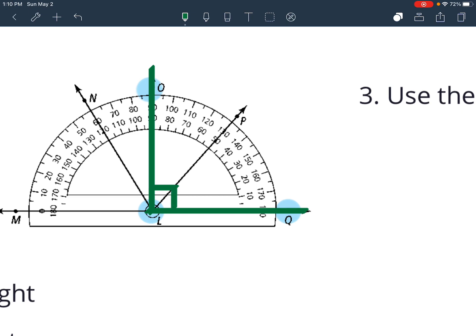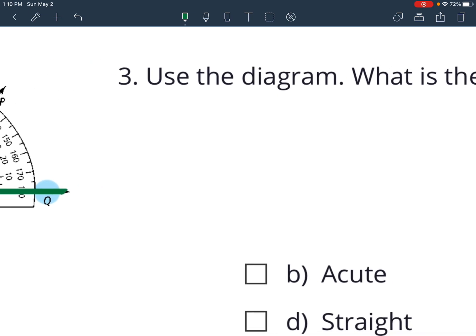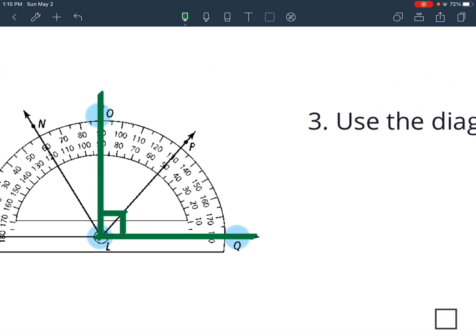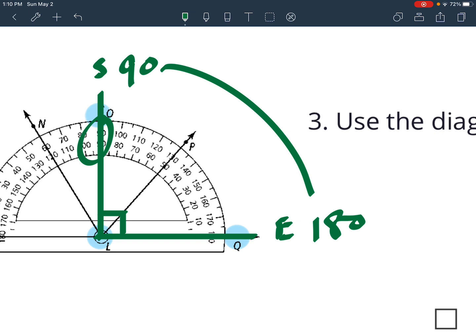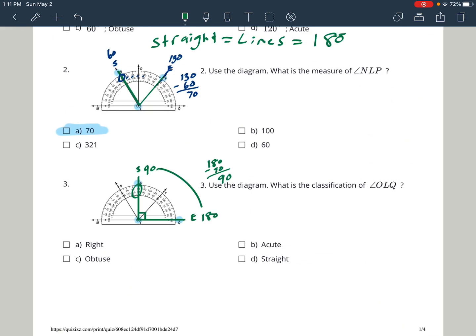That's why I do that little box there. Again, if you want to start and end right here, there's a 90 right there. Over here is 180. 90 to 180, that's 180 minus 90, that's 90. Or I'm sure you recognize that if it looks like an L, it's 90 degrees all the time. And they call 90 degrees right angles.